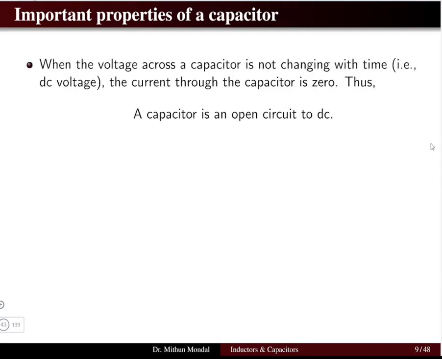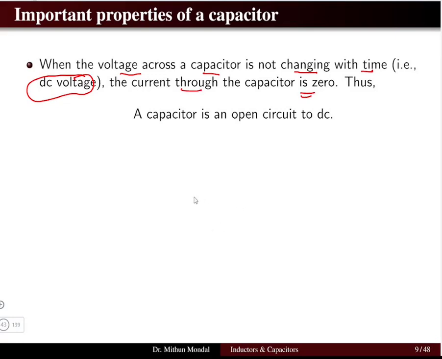Let us discuss some important properties of a capacitor. When the voltage across a capacitor is not changing with time, that is, a DC voltage is applied, the current through the capacitor is zero.